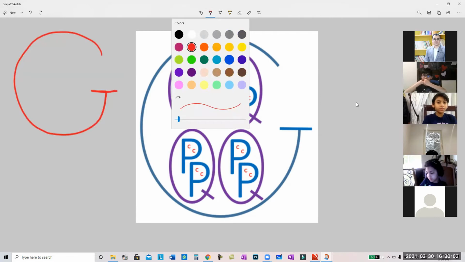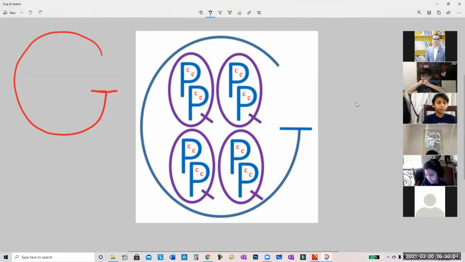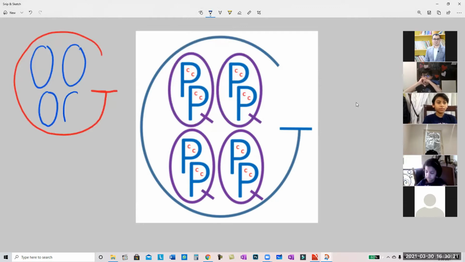After gallon, we have another unit, which is quart. Quart here will be 4, so we have 4 quarts in 1 gallon. So if you want to convert from gallon to quart, you have to multiply by 4.